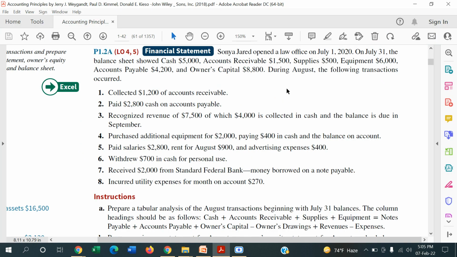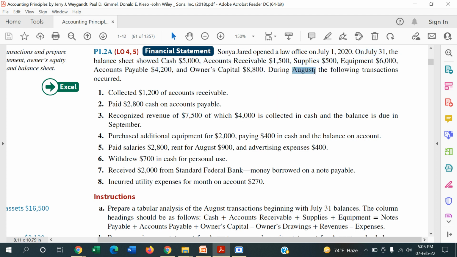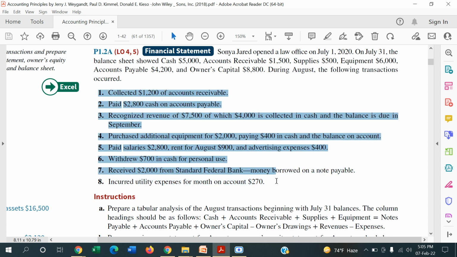P12A, you can see that the organization started its activities on July 1. On July 31, they have some balances of cash, accounts receivable, supplies, equipment, accounts payable, and owner's equity. That means they have considered all the activities of July and found the balance at the end of July with these amounts. Now, the transactions regarding August are given here. These are the activities of August.